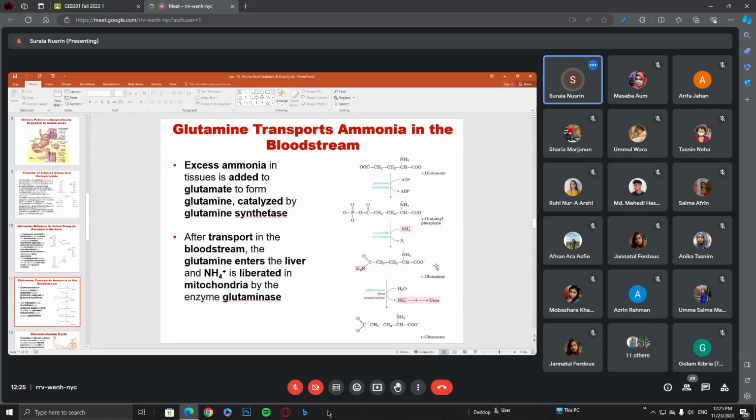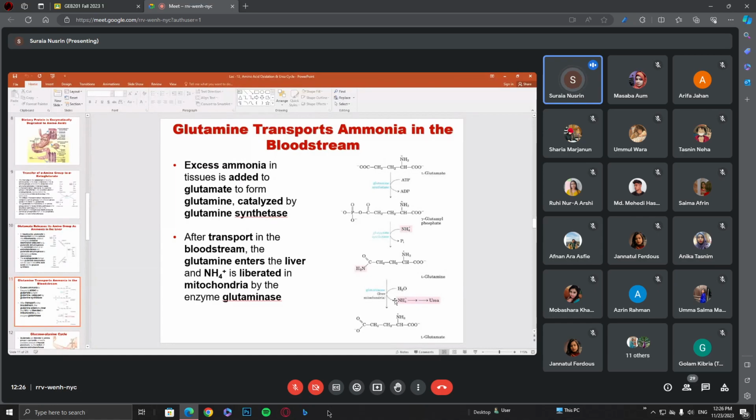This glutamine is then transported through the bloodstream and goes to the liver. In the liver, the additional amino group is released in the mitochondria of the hepatocyte by the enzyme glutaminase. Okay, glutaminase. Again, in this reaction, water is required.